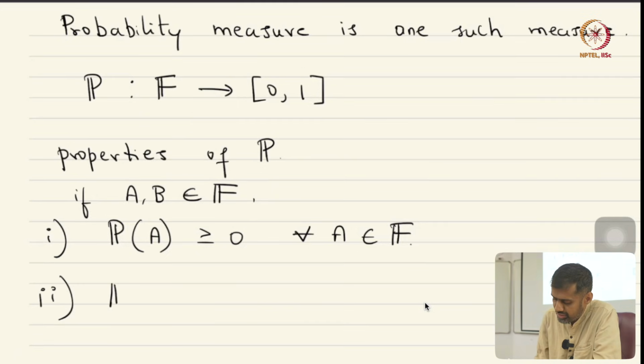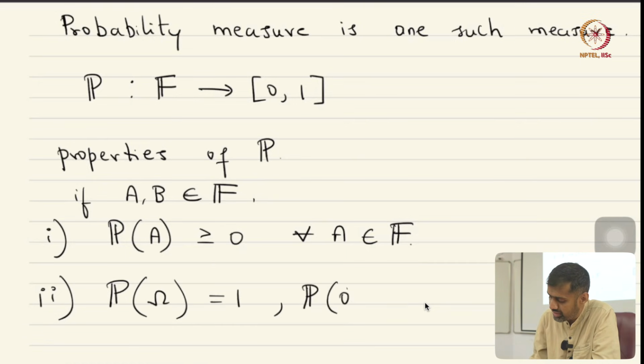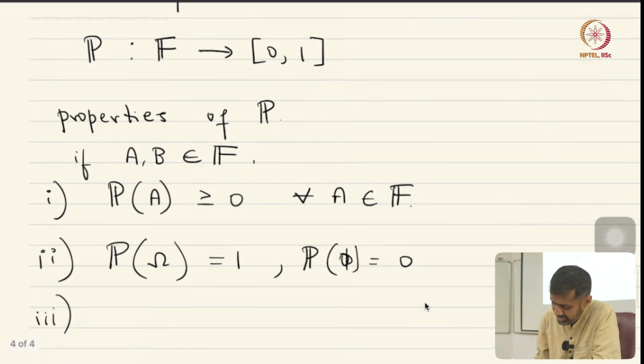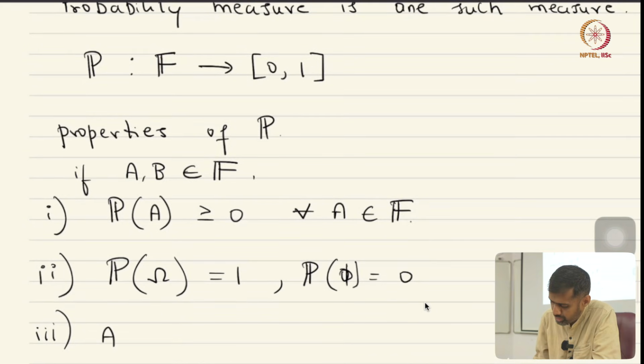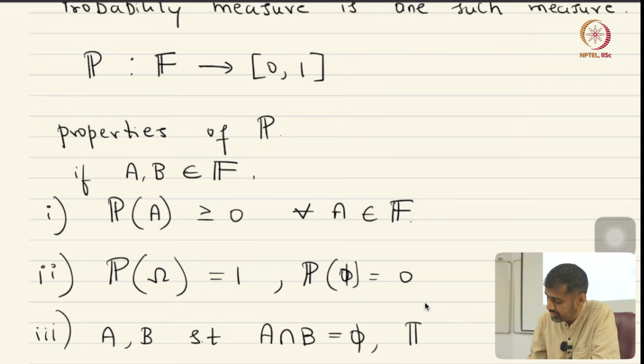The measure on the entire sample space is 1, the measure assigned on the null set is 0, and if you take two sets A and B such that the intersection is null, then the measures add.